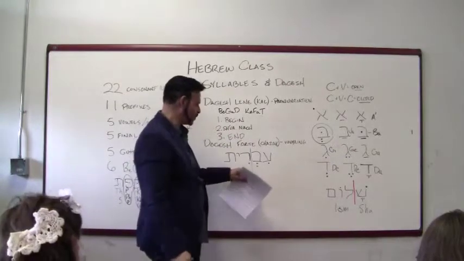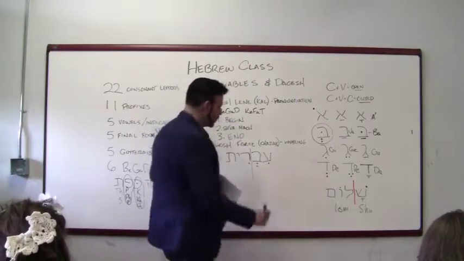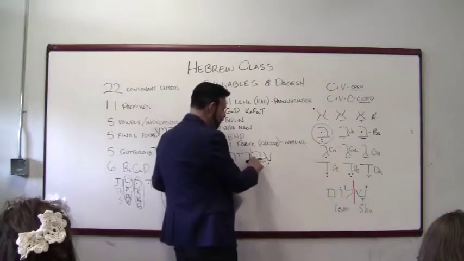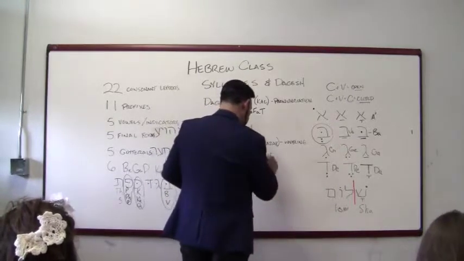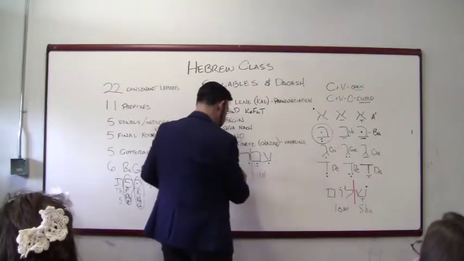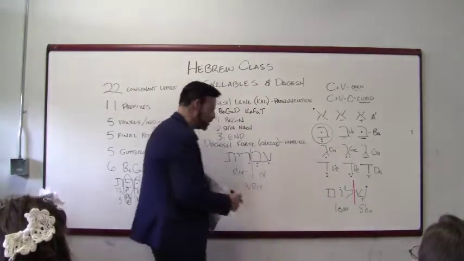So this is not after, this is a sheva nach. You see what I mean? So there's no Dagesh there. So that's why it's not Ibrit. It's Ivrit. So here you have this ayin silent, you have Ivrit. That's how you say Hebrew.